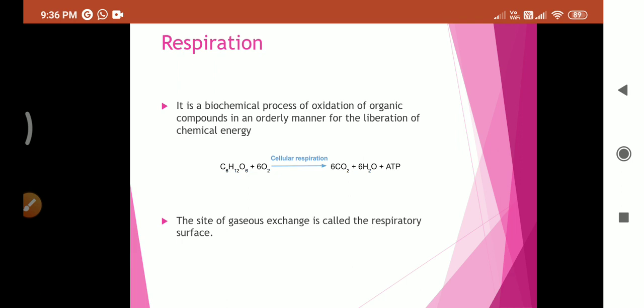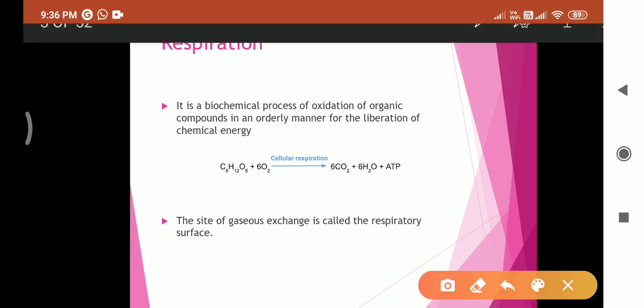From where can we take this oxygen? From the environment. So gaseous exchange takes place between the organism and the environment, right?